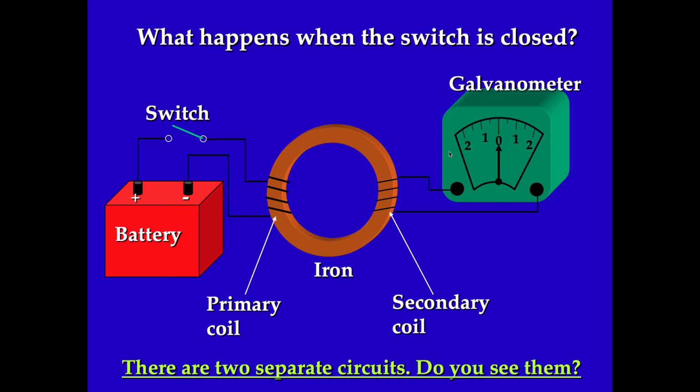How in the world does this loop know that the current is changing on the other circuit? How does it know that? Well, it's because of the electric field. The electric field is produced, and does not require a physical wire here.